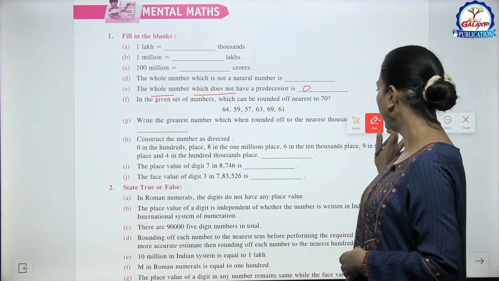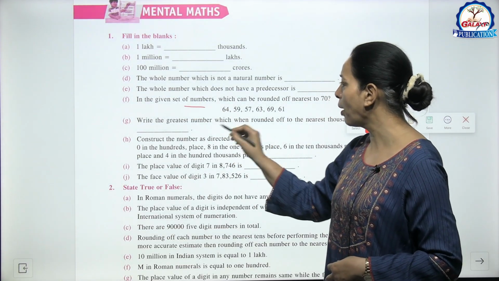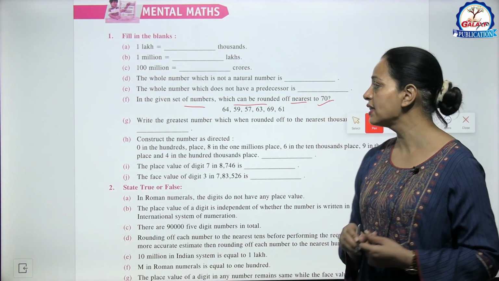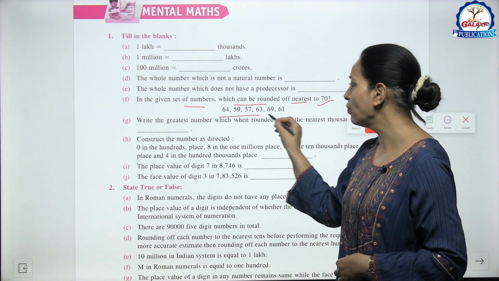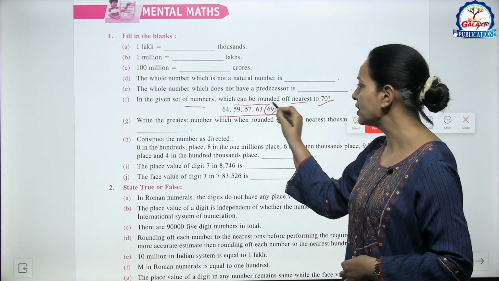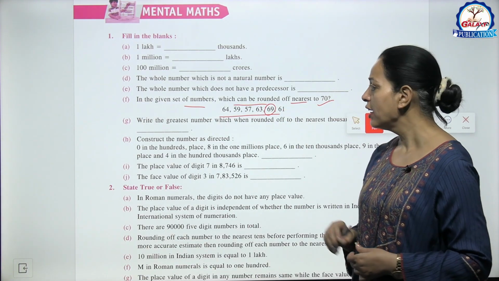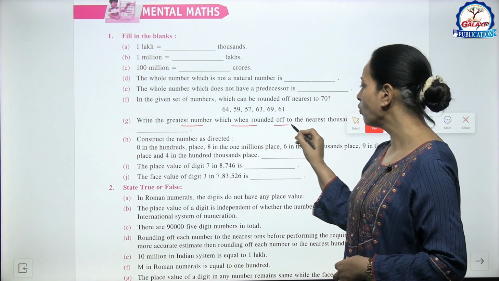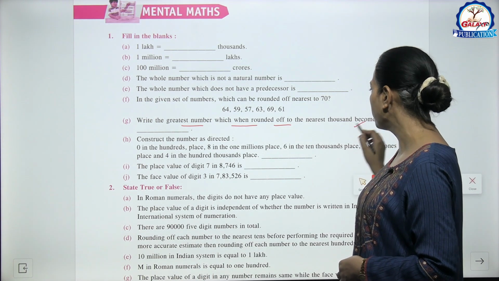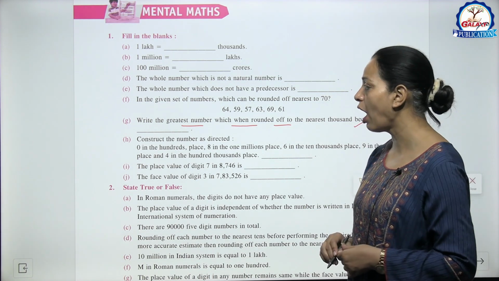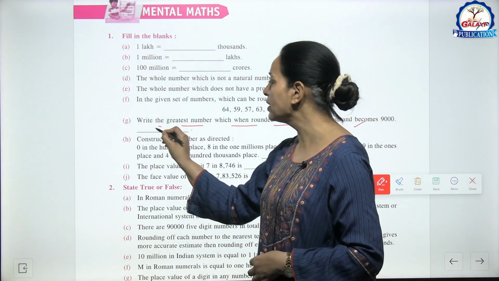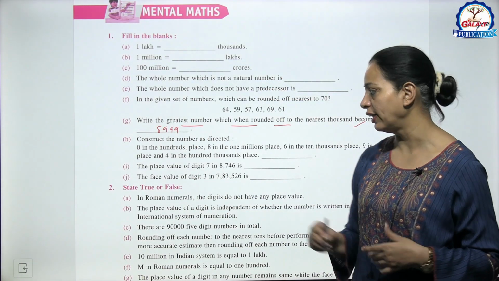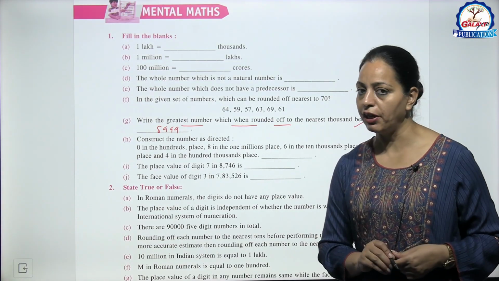Okay, now F part, in the given set of numbers which can be rounded off nearest to 70. So you can see which number, that is 69, right? Now G part, write the greatest number which when rounded off to the nearest thousand becomes 9,000. So that number is 8,999. Similarly, you can try these remaining parts.